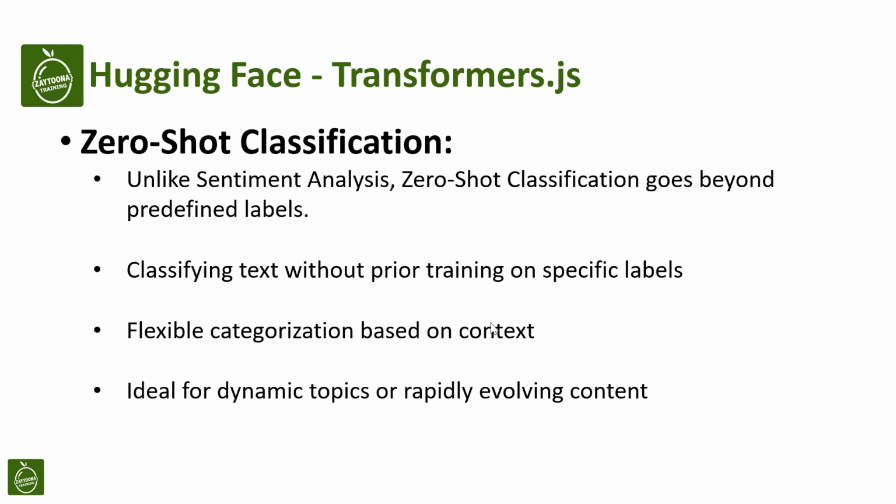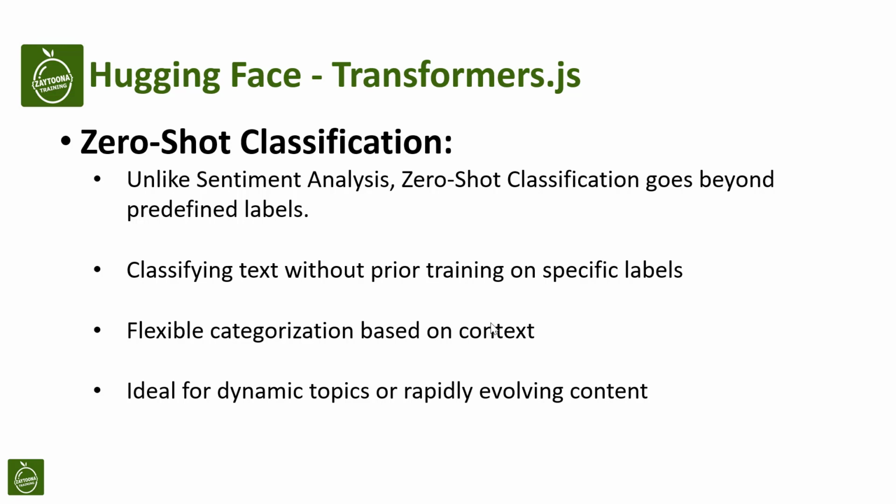Let's move on to an exciting concept, zero-shot classification of text. Traditionally, machine learning models are trained on predefined labels, meaning they can only classify into categories they have seen during training. However, what if we encounter new categories or dynamic content? We need zero-shot classification.